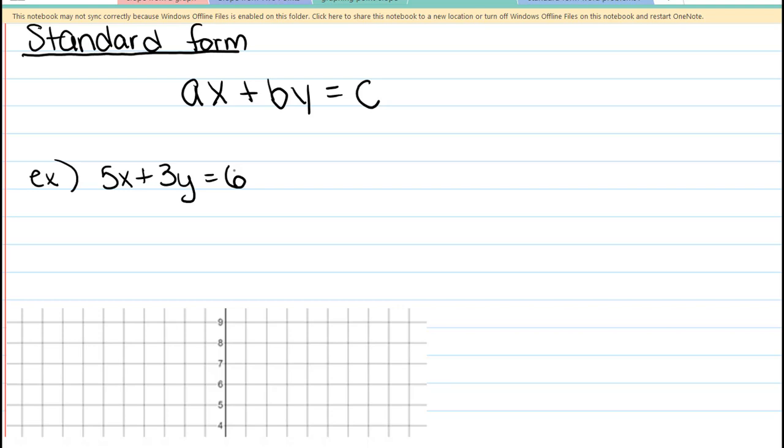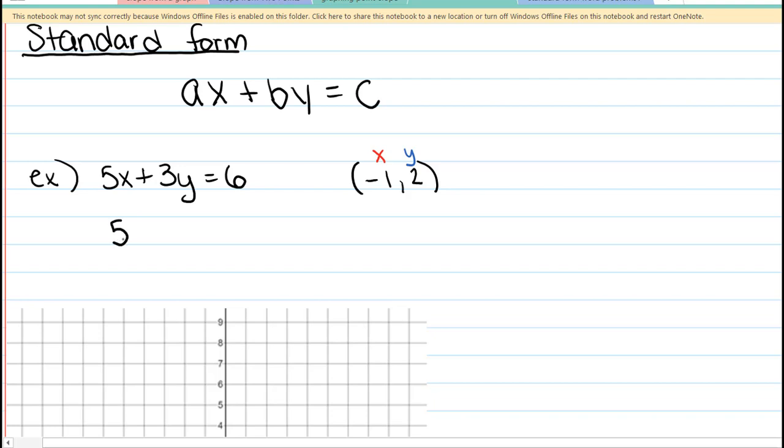For example, if I ask, is the point -1, 2 on this line, that means I know the x value and the y value, and I can substitute those in the equation. 5 times -1 plus 3 times 2 equals 6. -5 plus 6 equals 6, and we can see that 1 does not equal 6, so this is not a point on the line.